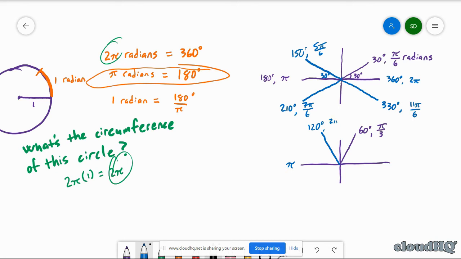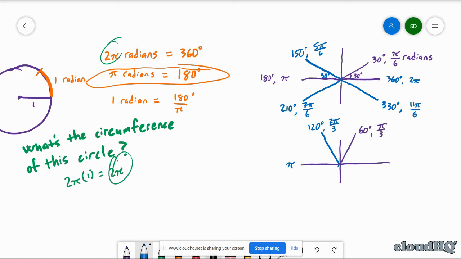That's 2 pi over 3. I'm just thinking of thirds. 60 is a third of 180. So if I go backwards here, really that's what I've done. I've gone back 60 degrees, or I've subtracted a third of pi. So 1 minus 1/3 is 2/3.